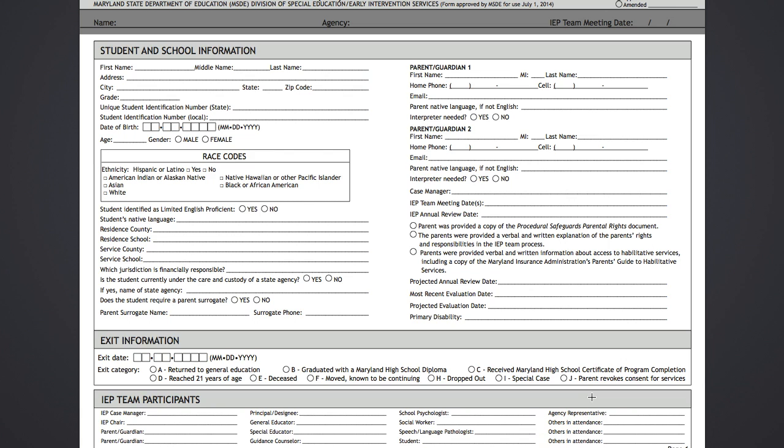And then we'll also be using the PDF version of the Maryland IEP document. As we go through, I'll be pointing to things, highlighting things for you so that you can feel clear about what each box or each text field is supposed to designate on the IEP.